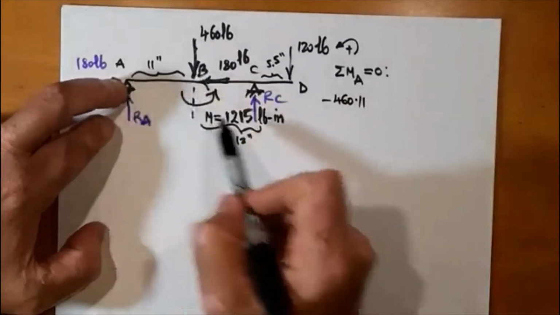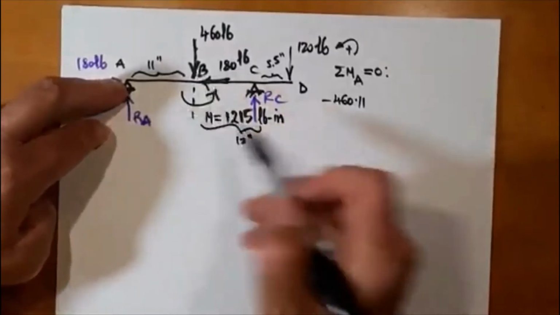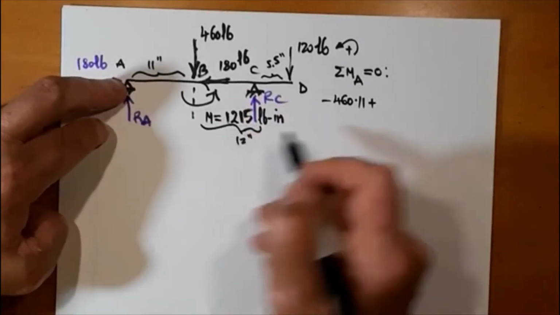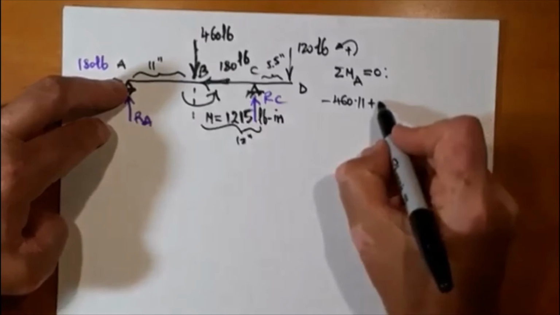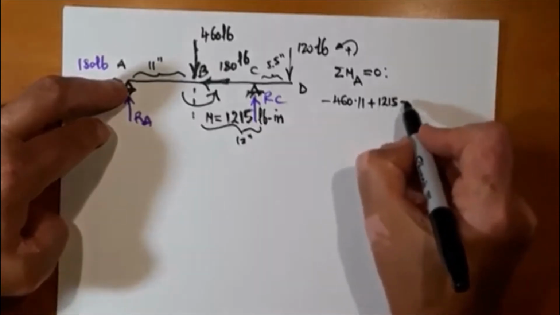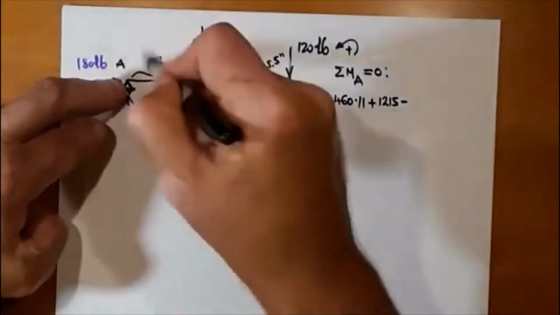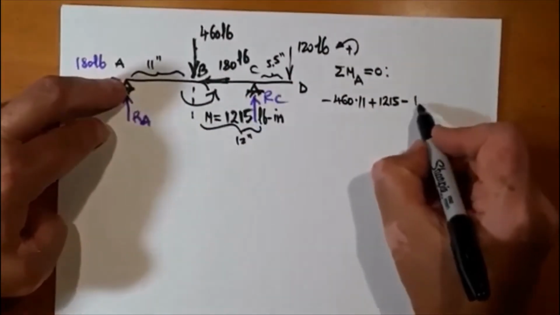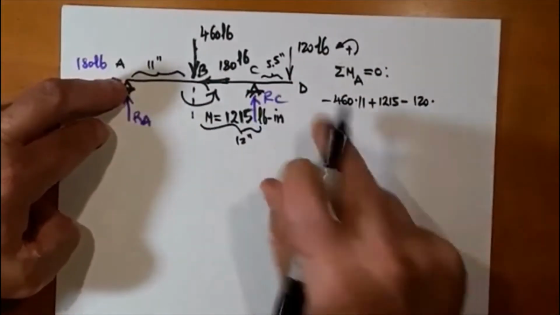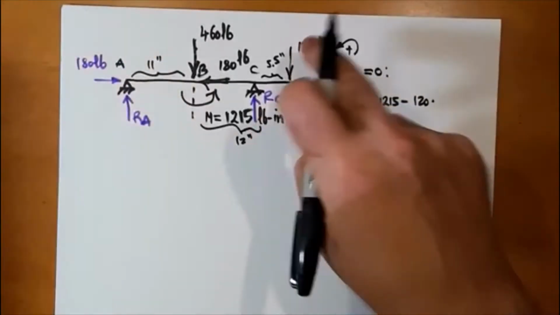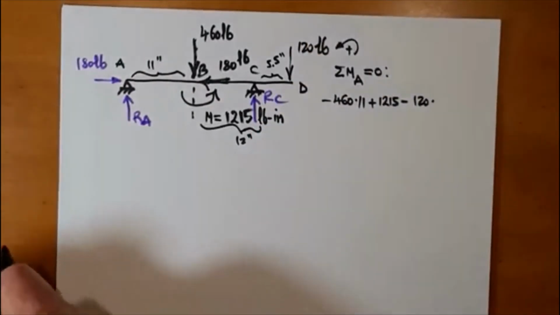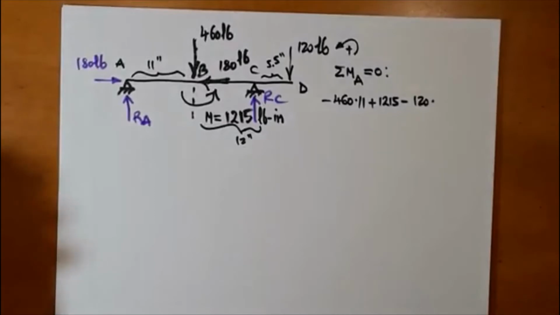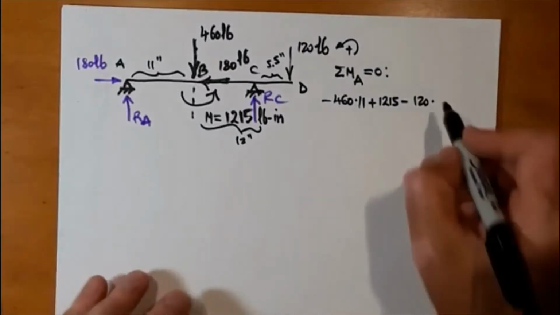Okay, this force and this arm. And then I have the positive moment, 1215. All right. And then I have also negative the 120 force times the entire length of the shaft, which is 11 plus 12 plus 5.5. And that's 28.5.